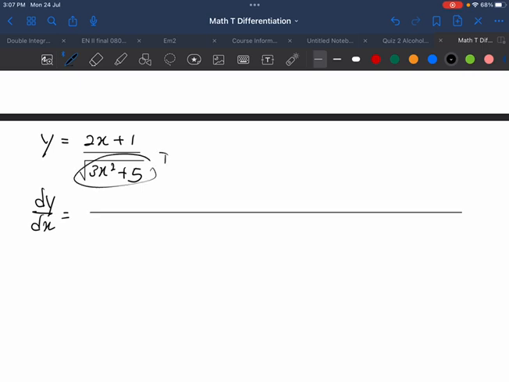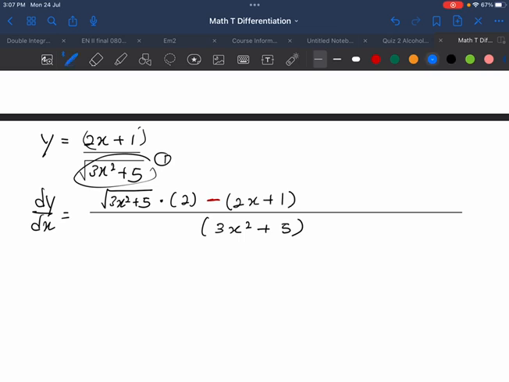So in the first step, we take this one, then we square it, so it becomes (3x squared plus 5) squared. Okay, now we copy back the 3x squared plus 5 square root, and multiply with the differentiation of 2x plus 1, you get 2. And now remember it's a minus sign, and now we will copy back the numerator 2x plus 1 and differentiate the denominator.